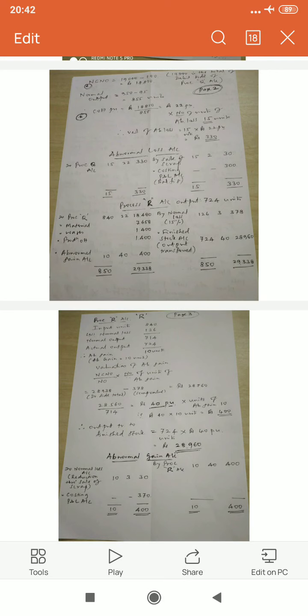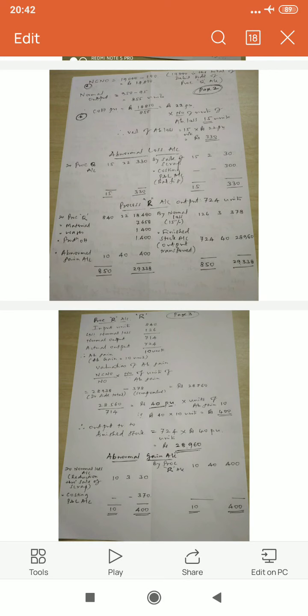Why 2? Because the cost of normal loss has to be absorbed by good units produced. Therefore, at the rate of realizable value of normal loss, sale of scrap, your abnormal loss account has to be credited there too, and accordingly it is put at rupees 30, and the balancing figure would be transferred to costing profit and loss account, that is rupees 300.